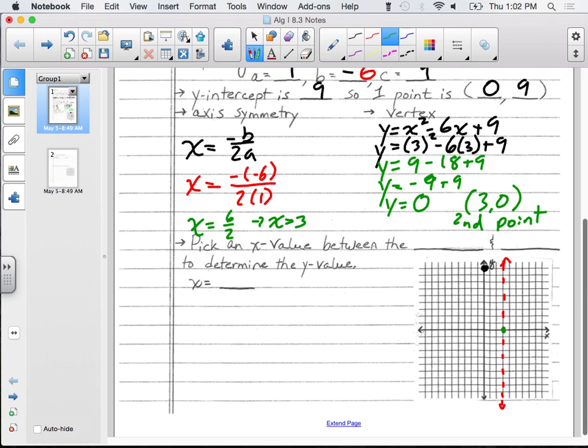All right, so we found 2 points so far. We found our y-intercept and our vertex.